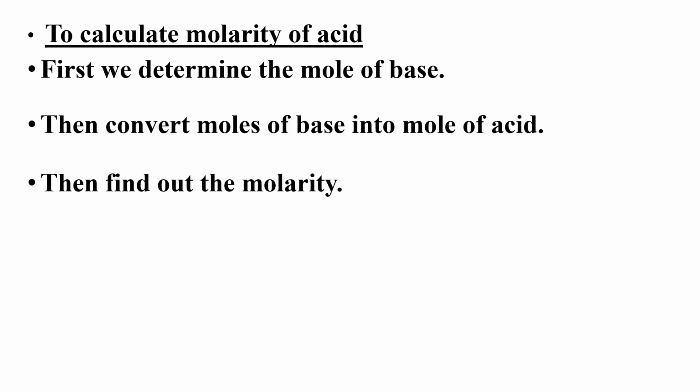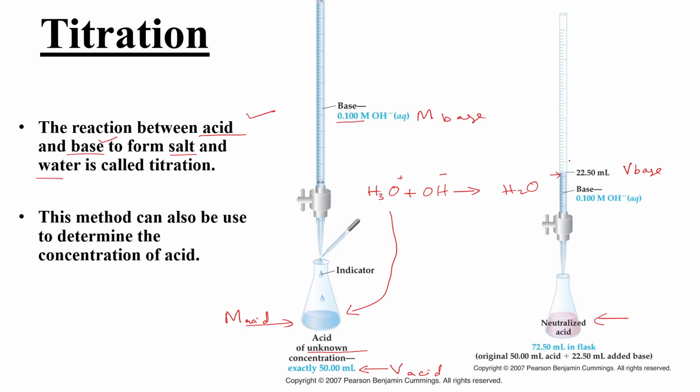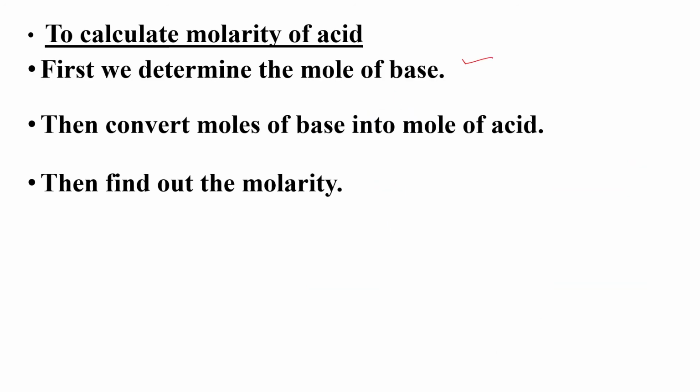So here are the steps to calculate the molarity of acid. The first step is to determine the moles of base. How do we determine the moles of base? You can see that we have the molarity of the base and the volume of the base. To find moles, we multiply these two numbers. Once you have moles of base, you convert the moles of base into the moles of acid.